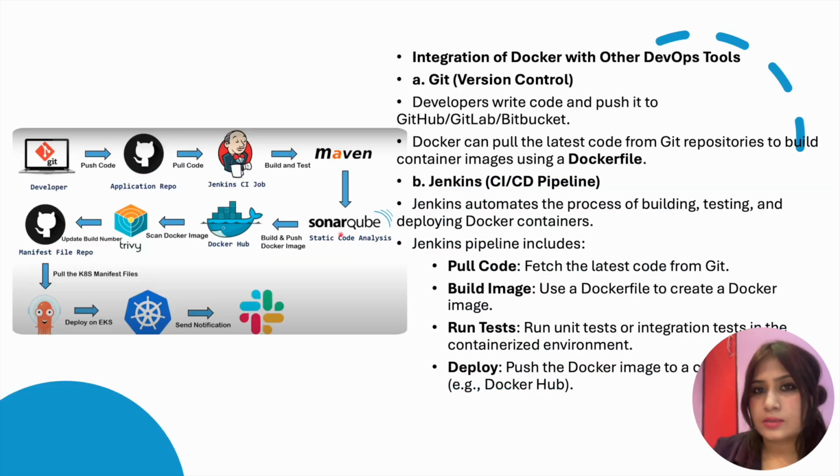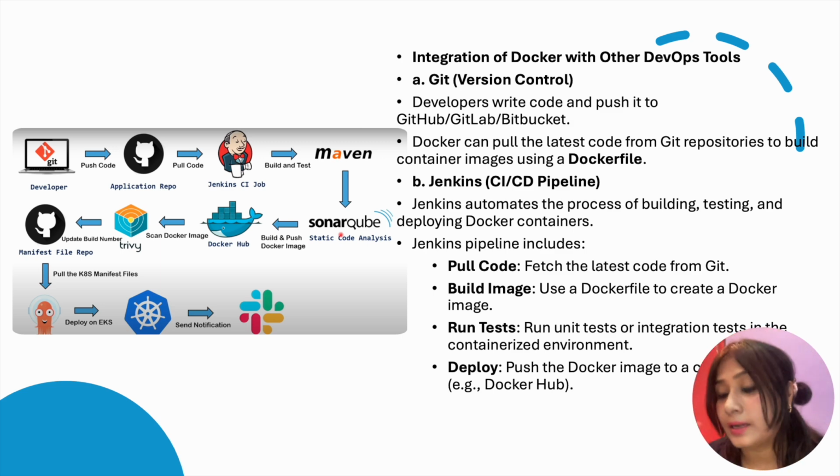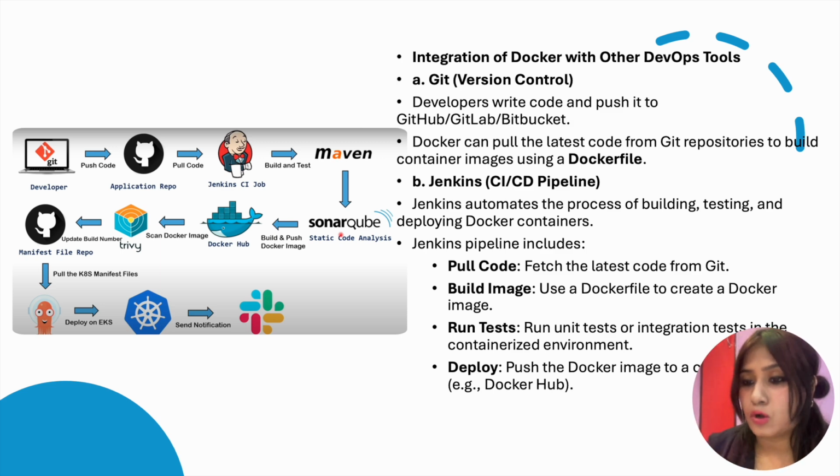As I told you, we will discuss one more workflow today. After seeing this workflow, it will be very easy for you to understand the architecture and concept of DevOps altogether.